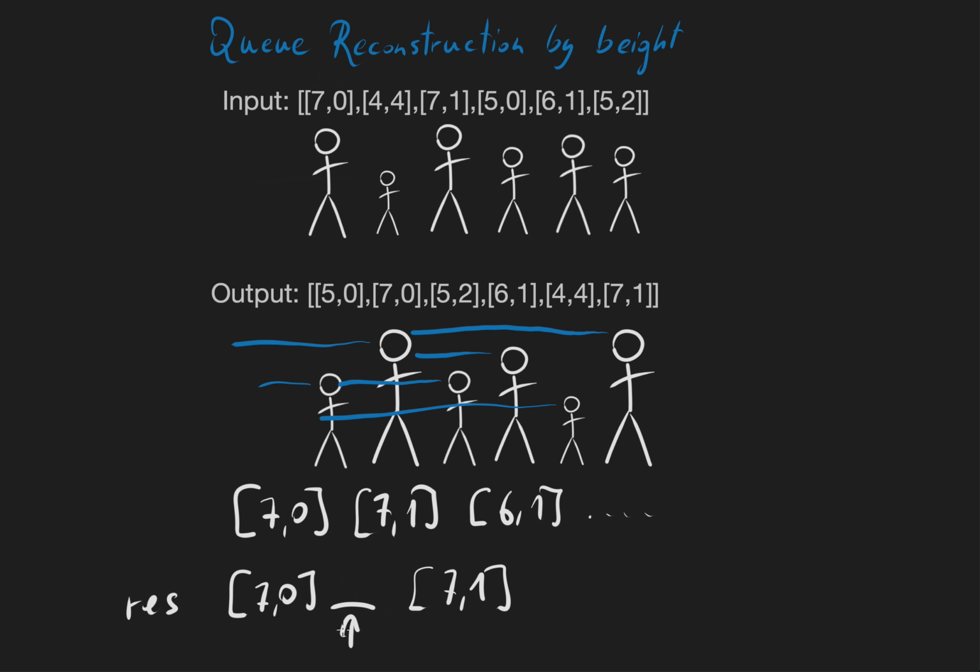We can insert 10 or 20 people, because we know that people who come after our current height are smaller, and it doesn't matter how many people we inserted before or after it.